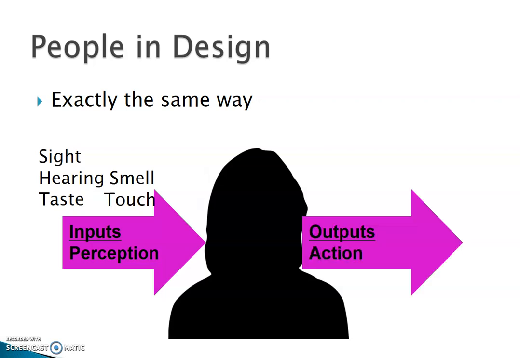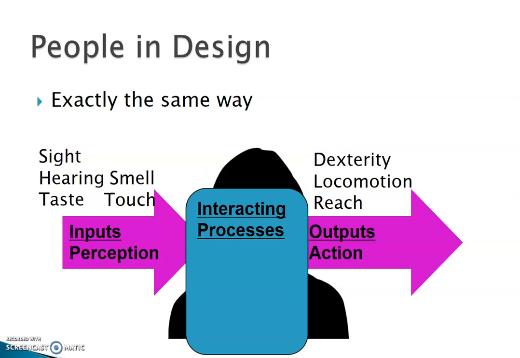The outputs a person has, we generally refer to as their actions or activities, which can include writing and speaking and running and jumping and singing and playing the piano. And we often look specifically at dexterity and their fine and gross motor control, locomotion, moving around, and the ability to reach, grab things and pick them up. And then in between the inputs and outputs, we have the interacting processes.